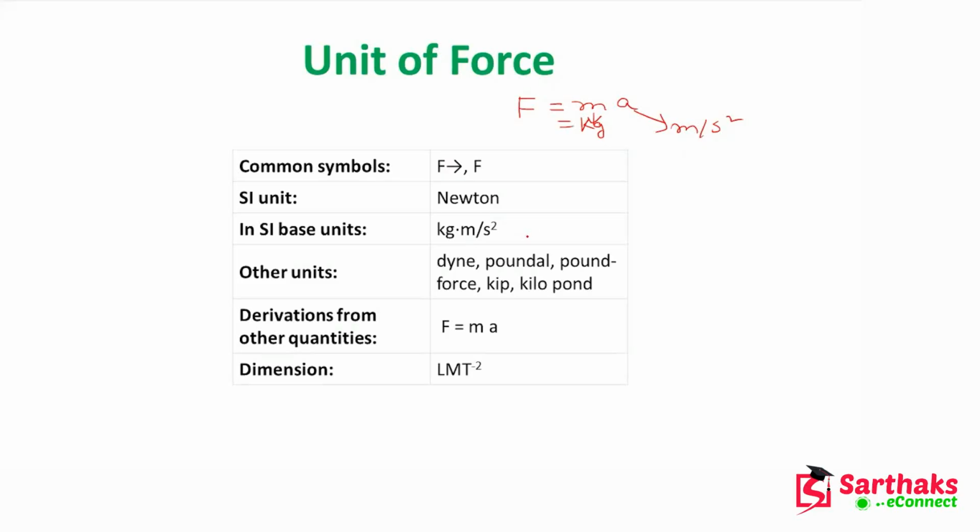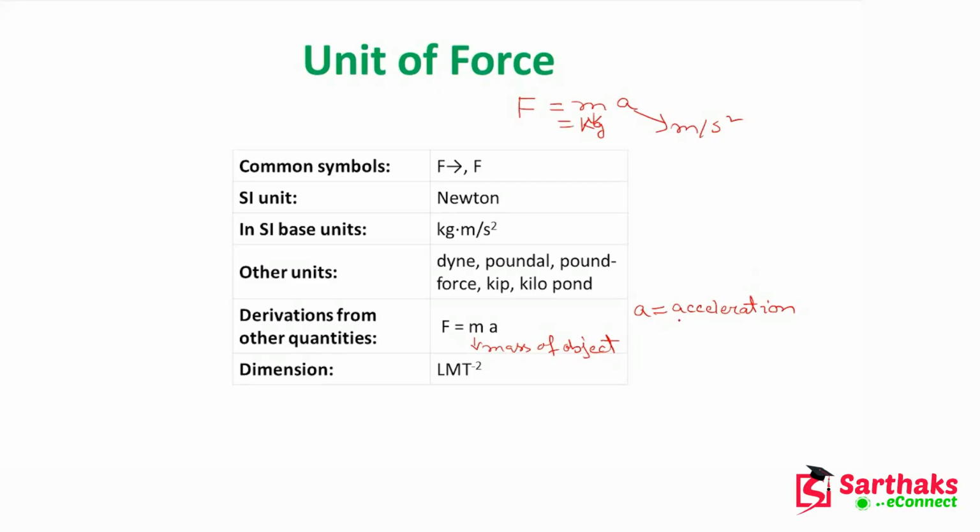Now F equals ma, that I have told you. M is the mass of the object, and A is the acceleration. If you are just throwing one ball downward, that means towards gravity, towards ground, then this acceleration will be g.